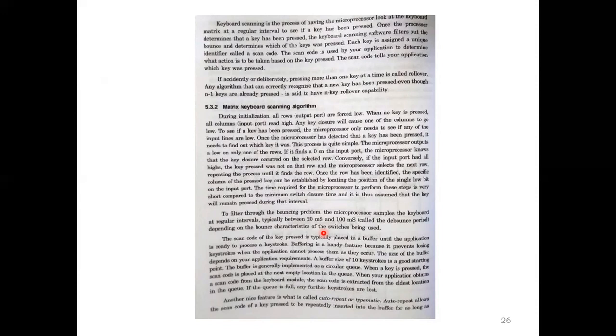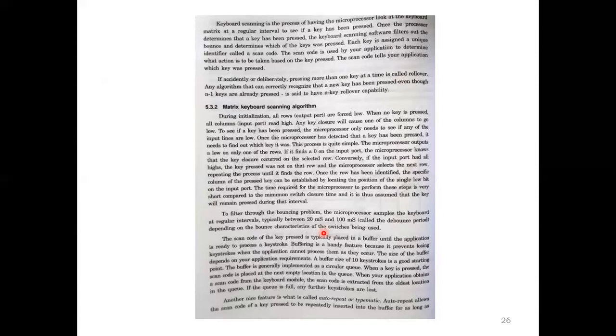During initialization, all rows are forced low. When no key is pressed, all columns are high. If any key is closed, it will cause one of the columns to go low. To see if a key has been pressed, the microprocessor only needs to see if any of the input lines are low.